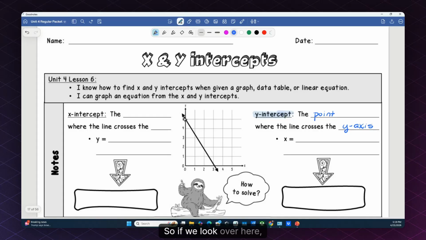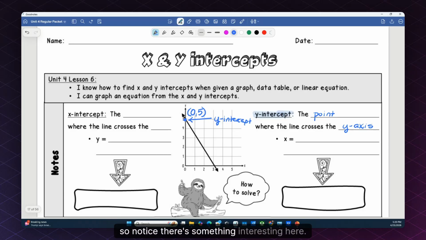If we look over here, this point right here is my y-intercept, and we can even write this point. This point is going to be (0, 5). That's my y-intercept.